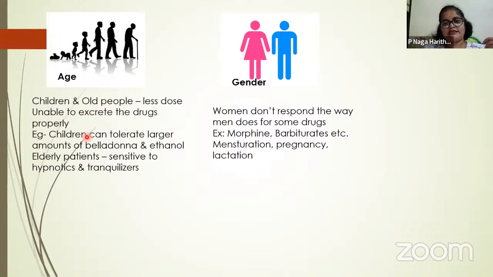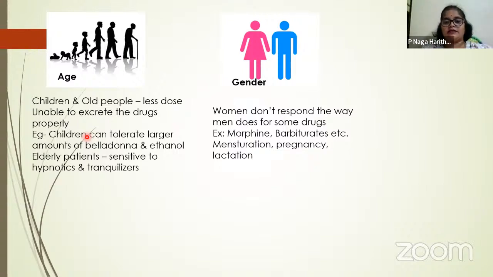All these stages are correlated with the hormonal release inside the body, and hormones have a very major impact on the therapeutic response of the drugs. Men do not have those stages, so we need not worry about how drugs will function during them.